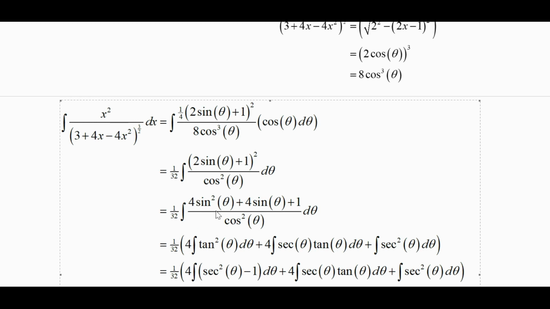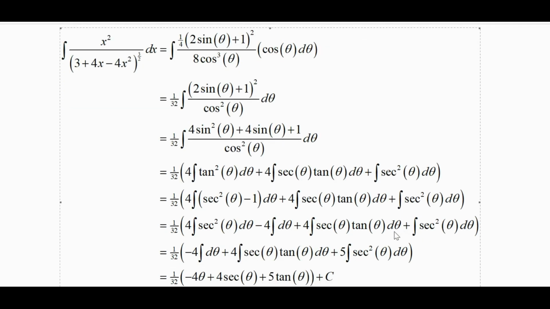So I got 4 sine squared theta over cosine squared is tan squared theta, d theta, plus another integral for the middle piece, 4 out front, sine of theta over cosine squared theta. I've got a sine theta over cosine theta is a tangent theta, and the 1 over cosine theta is a secant theta. So that's integral secant theta tangent theta d theta. And the last one's 1 over cosine squared of theta, that's secant squared theta.